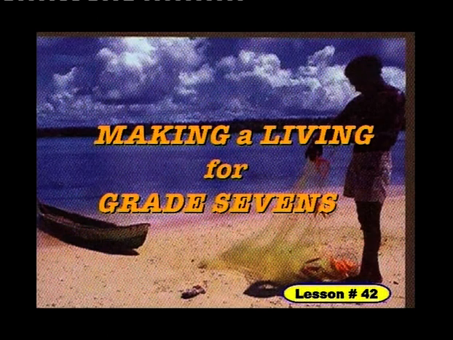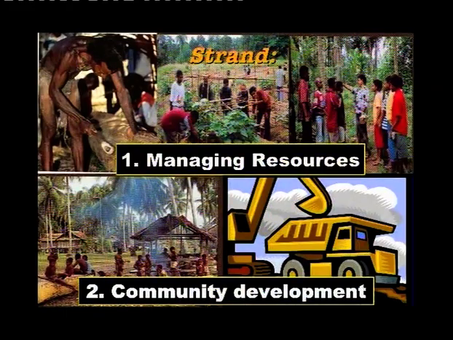Now we already should know, this is to the receiving schools' teachers, the resources that we should be using, especially in teaching for this term. We also should know what our strands are. There are 2 strands, and also the sub-strands.